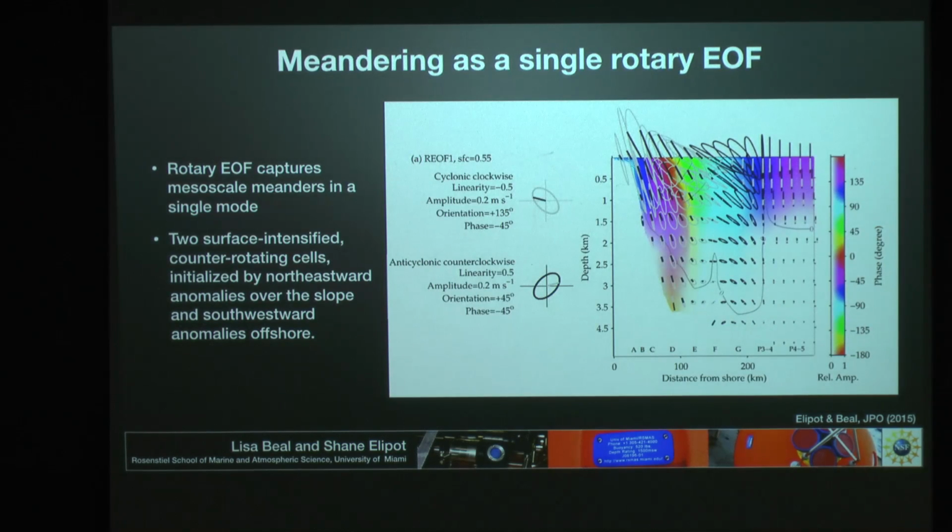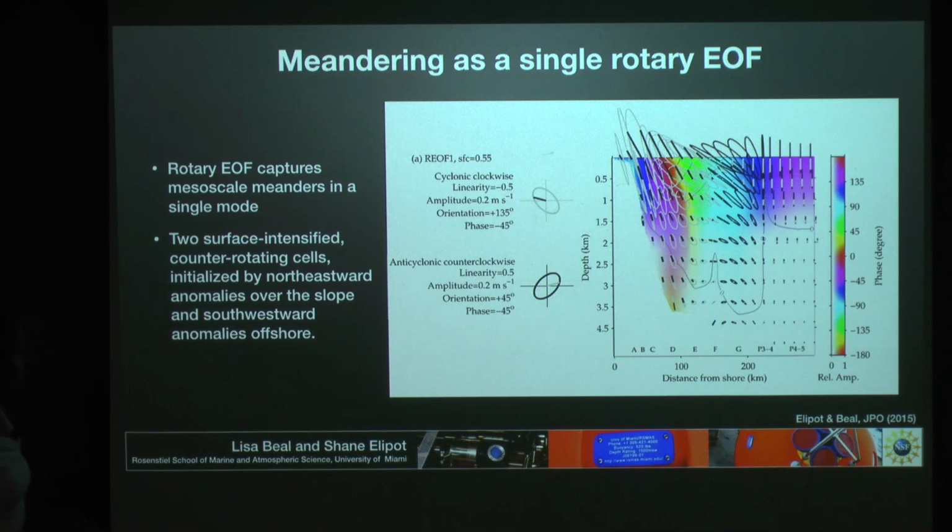Or you could look at a rotary eigenmode, and this single rotary eigenmode basically picks up that meandering process by taking into account phase changes. This is a pretty complicated picture. This is the phase change in the colors.